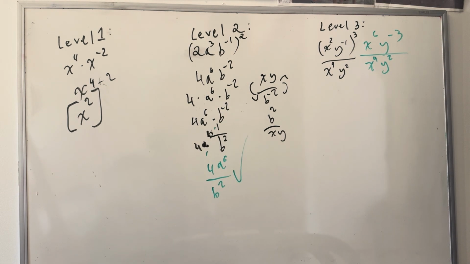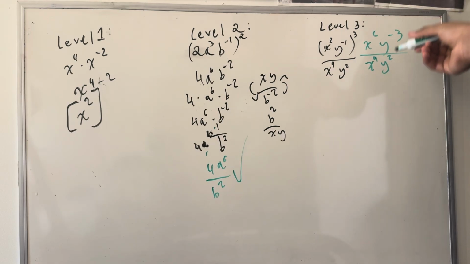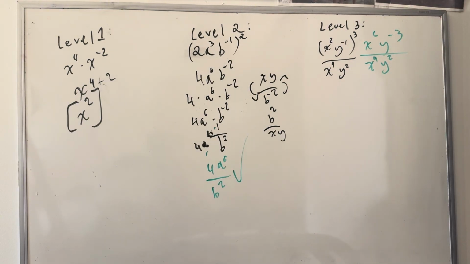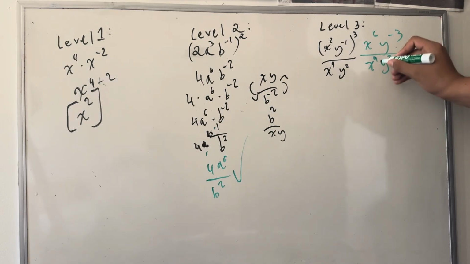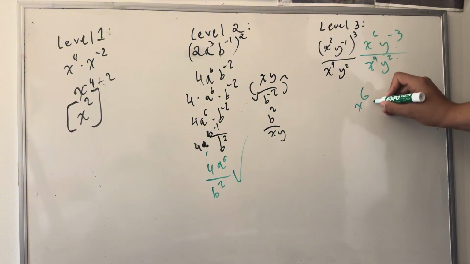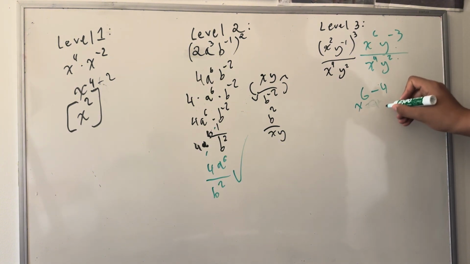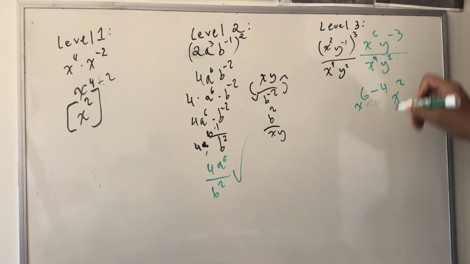Now from here, we could just go and subtract, because it's x term, y term, y term. Now, since we have these x terms and y terms, now we could use what? The quotient rule. And the quotient rule basically says that x to the power of 6 minus x to the 4 equals x squared.